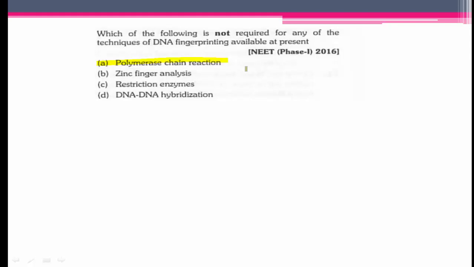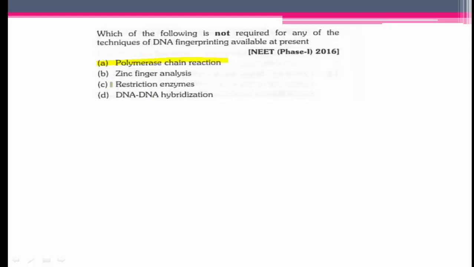DNA fingerprinting requires 1 microgram of DNA. If the isolated DNA from the sample is less than 1 microgram, then the quantity of the DNA is amplified with the help of PCR.